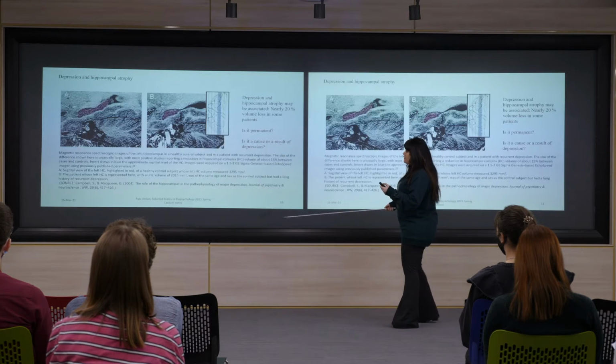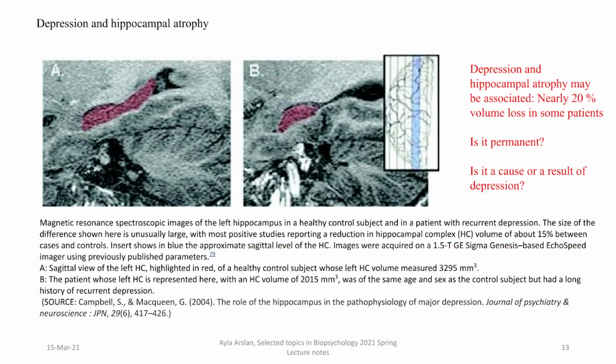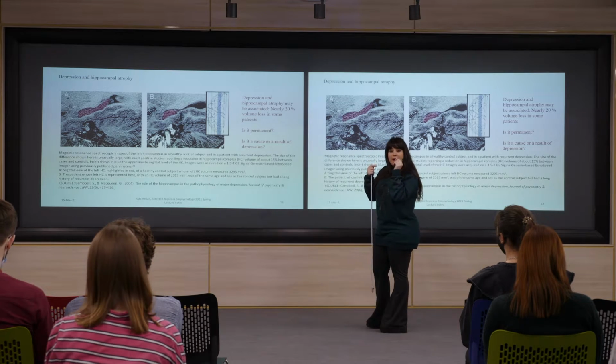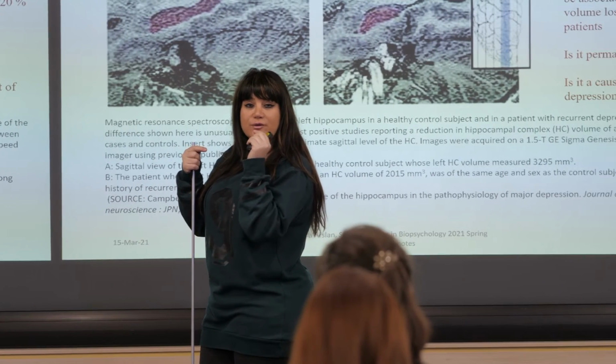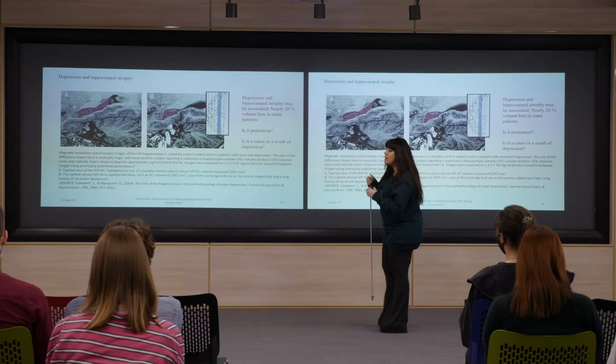But for depression, there was this very specific observation that nearly 20% volume loss has been observed in patients diagnosed with depression. So meaning that somebody who has an official diagnosis of depression, at the neurological level, their hippocampus may have almost 20% loss in volume.